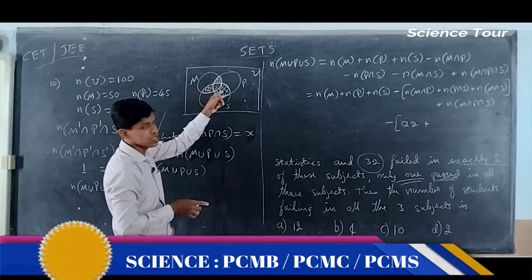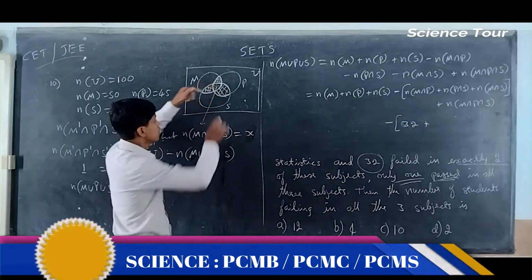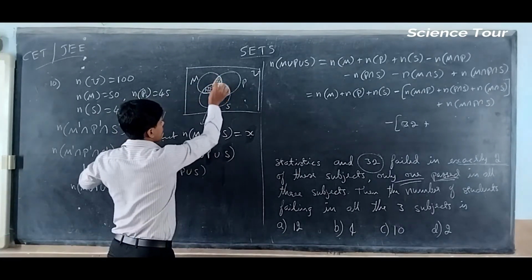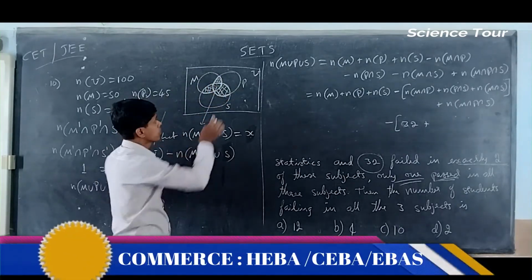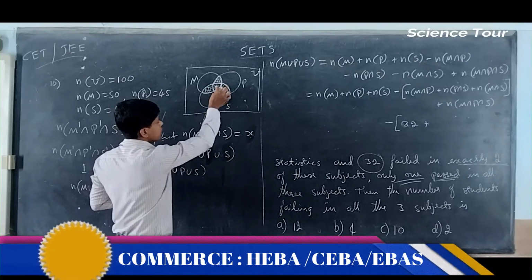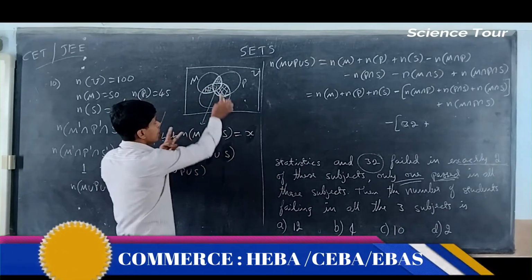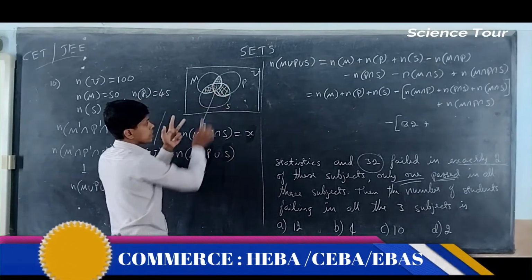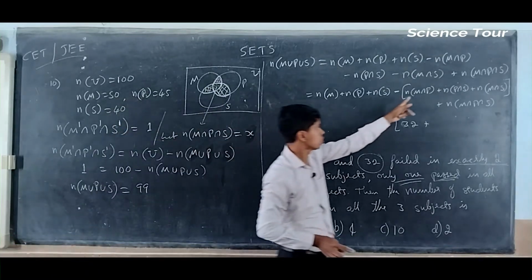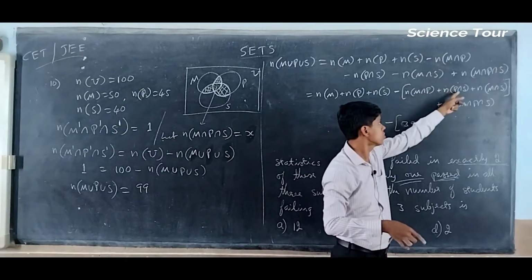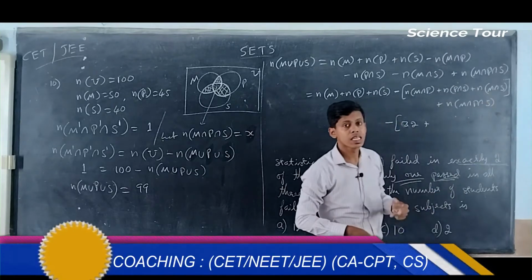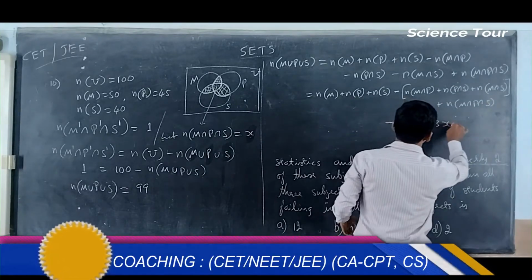Is it over? Because only this much is 32, but see, when you have taken this region, that means you have taken x once. When you have taken this region, you have taken x twice, and when you have taken this region, you have taken x thrice. So here there is 1x, here also 1x, here also 1x, so that is 3x.